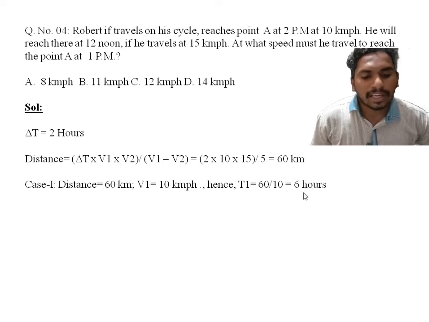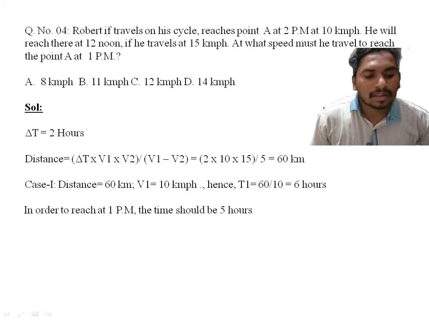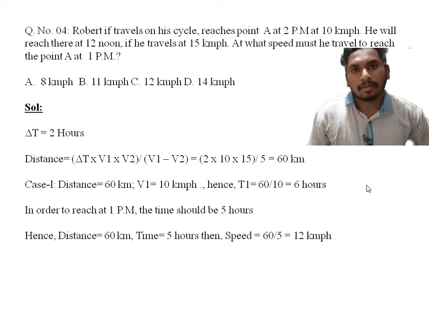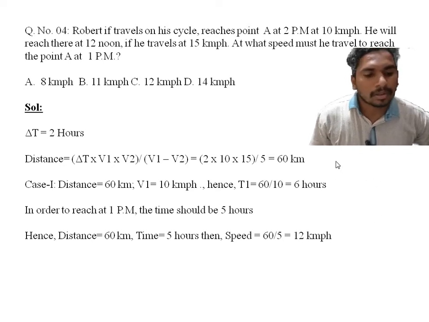If you take 6 hours, you will reach at 12 noon, but you have to reach at 1 p.m. So you have to take 1 hour less time. It means that you have to reach within 5 hours. So if you take the distance and the time as 5 hours, your velocity should be 12 kilometers per hour. This is how you have to solve this.